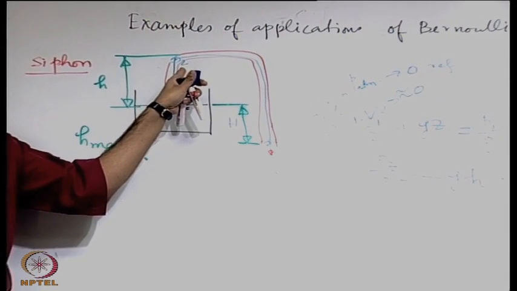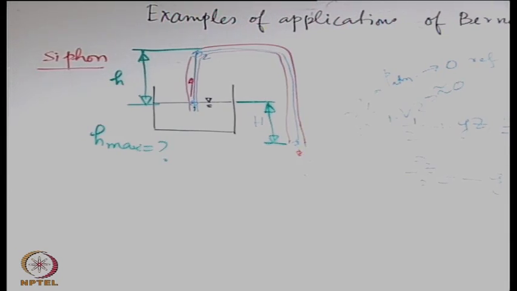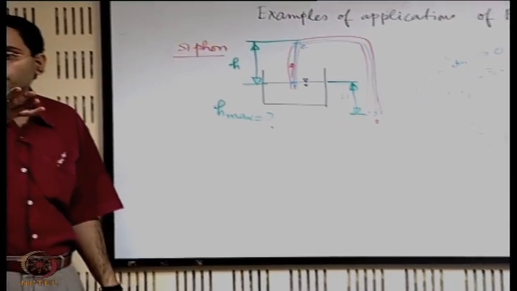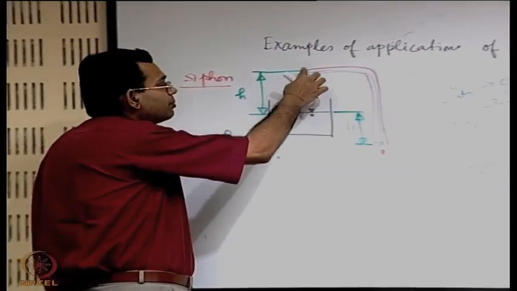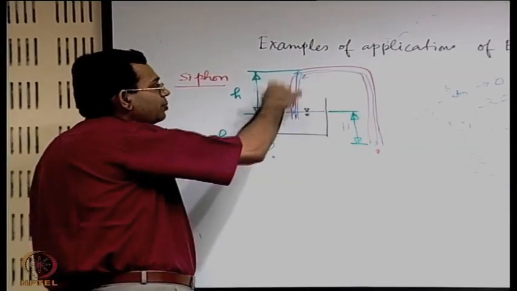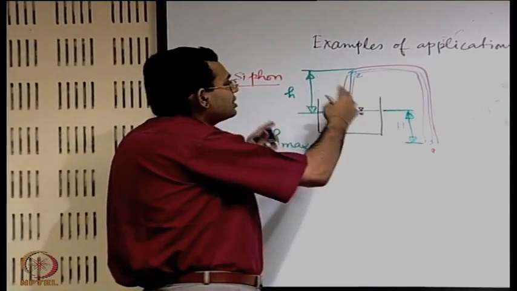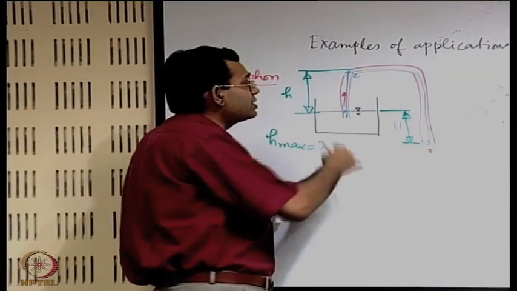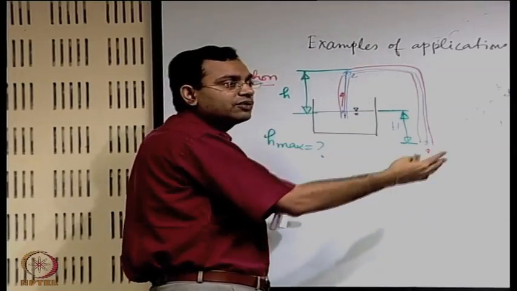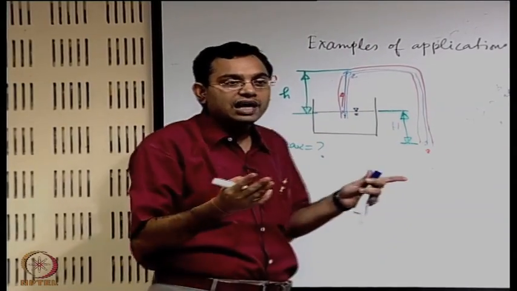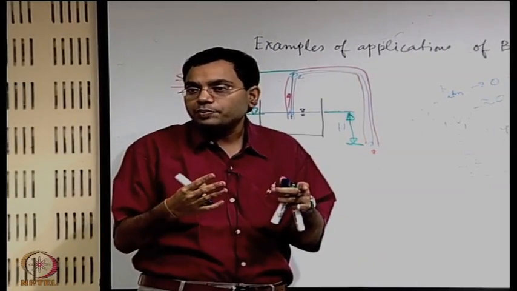So if it is below atmospheric, it may come to a state when it comes to the local vapor pressure. So when the pressure falls below the local vapor pressure, then what happens? Then vapor bubbles are formed. It's nothing very special that vapor bubbles are formed, but what is special is that when these vapor bubbles are transported to a different place where the pressure is again higher, they will collapse again to form a liquid, and once they collapse, what happens?